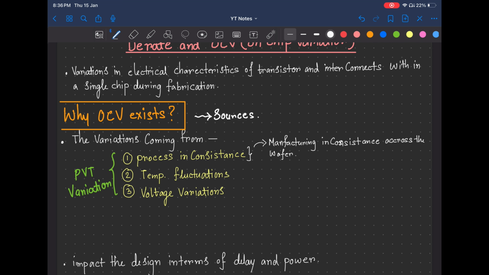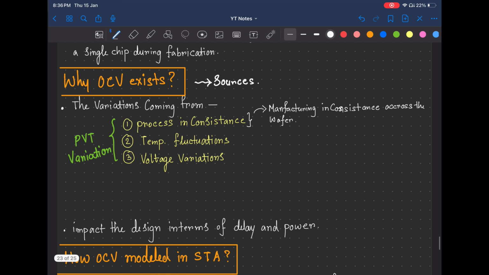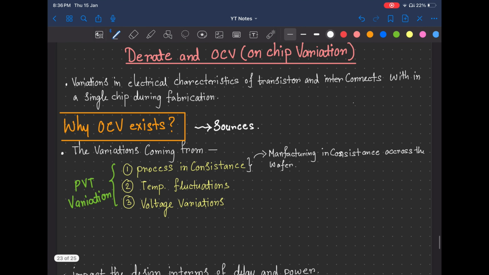How is that happening? Suppose you have this much amount of die to fabricate. You can't be sure that every corner of the die gets the same fabrication parameters.